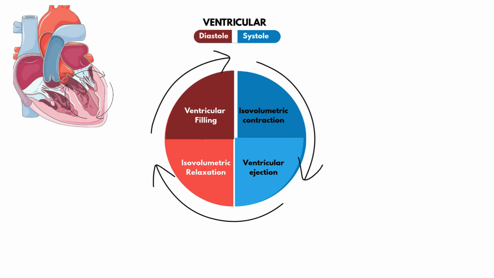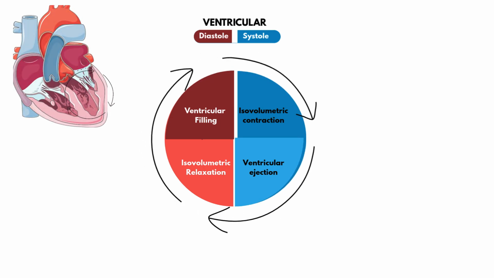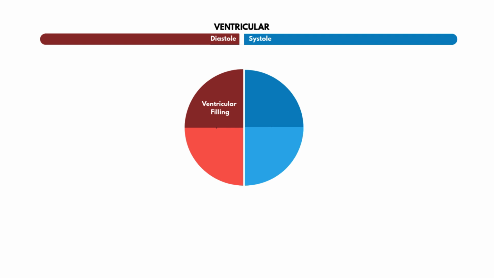Take note, this model reflects what goes on in the ventricles. Now, we begin with the filling phase, the diastole. The diastole starts with the atrioventricular valves, by that I'm referring to the mitral valve and the tricuspid valve, respectively, opening up.